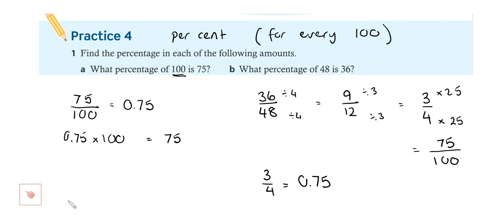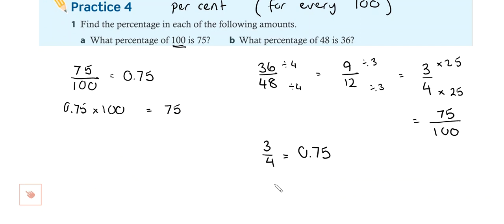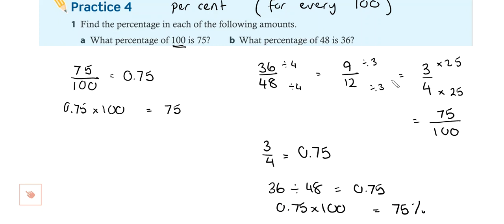The other method is to say that 36 divided by 48 is 0.75, and then we do 0.75 times 100 gives me 75%. So we've got several options there, yeah?